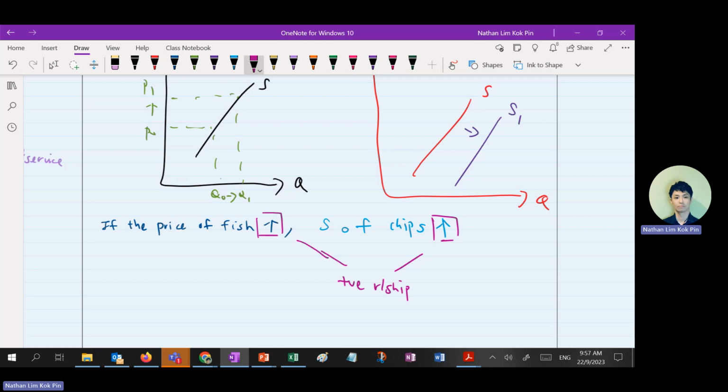So for substitutes, the supply is affected because the producers of all the substitutes use the same resources, the same ingredients, same metal, same material, same chemical. If something is not available, you produce the other.